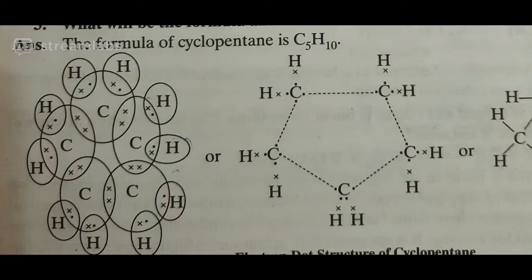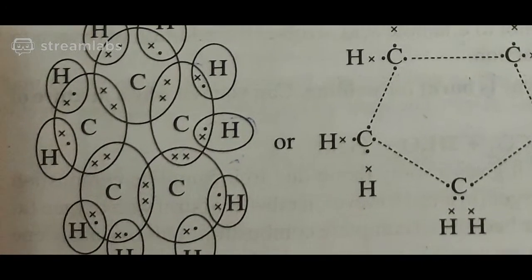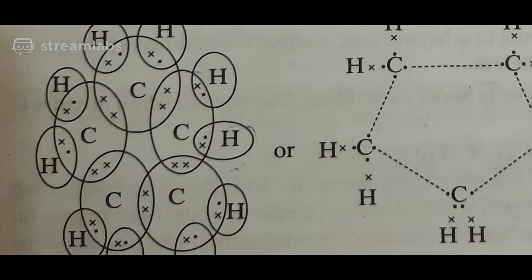Now, finally remove all the bonds, all the dots, all the lines. Now completely you go with the electron dots. Each carbon has 4 dots around the carbon and 1 dot near the hydrogen.